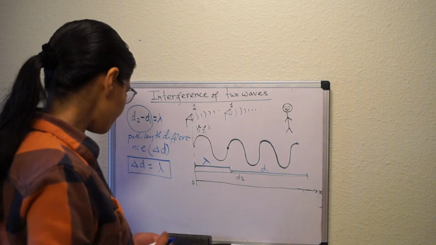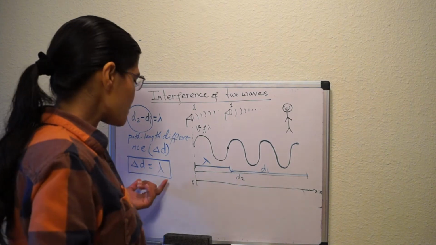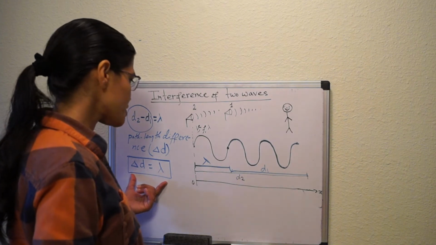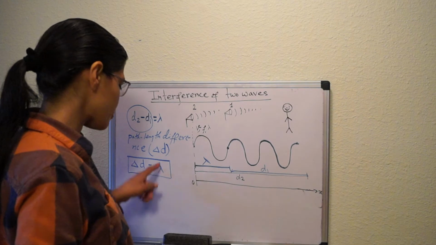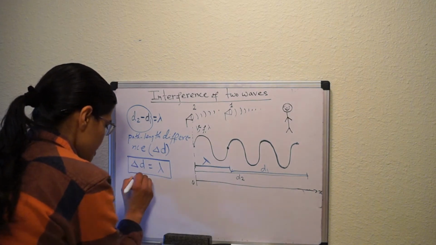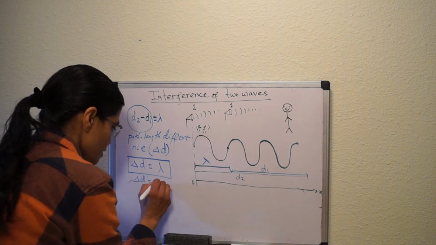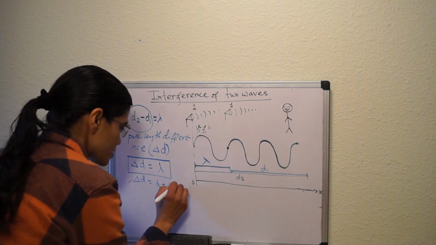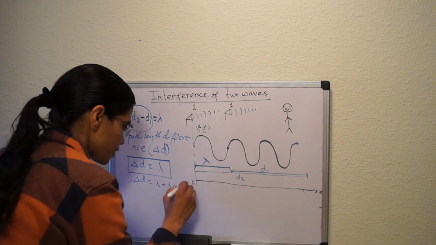Okay, so now let us say what happens if we add one more lambda to this. Delta D could also be lambda plus another lambda. This will give us 2 lambda, right?